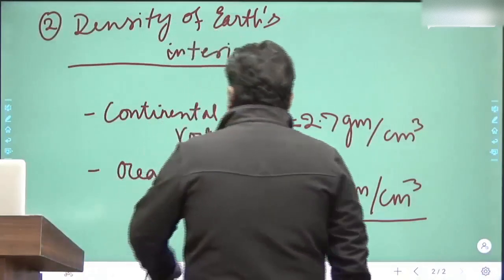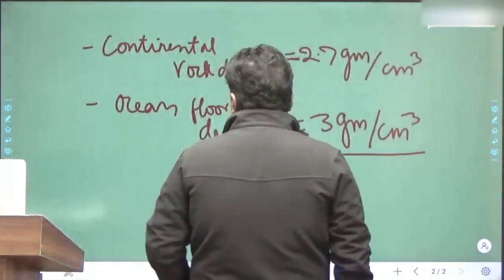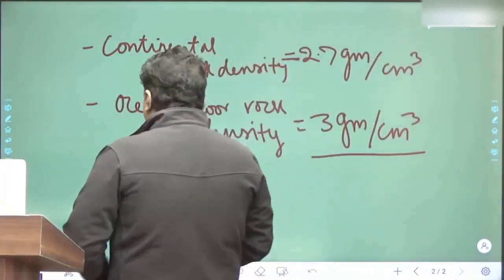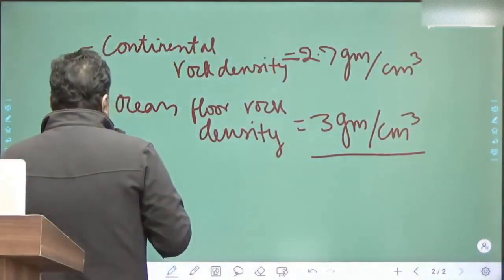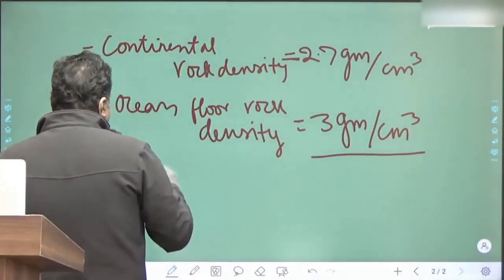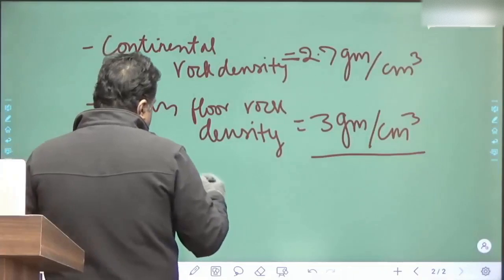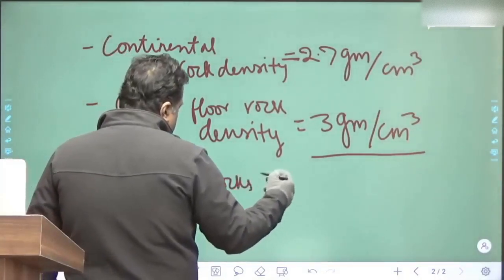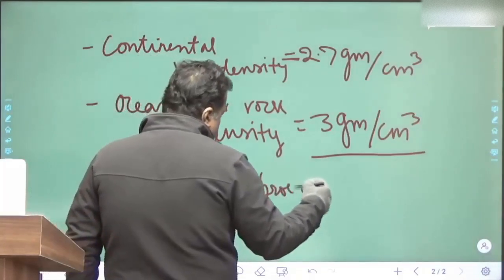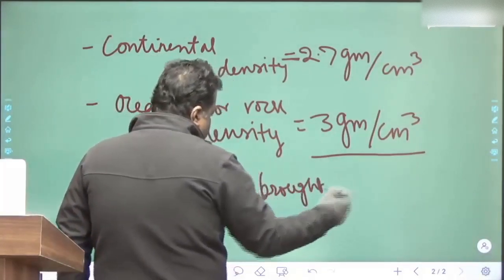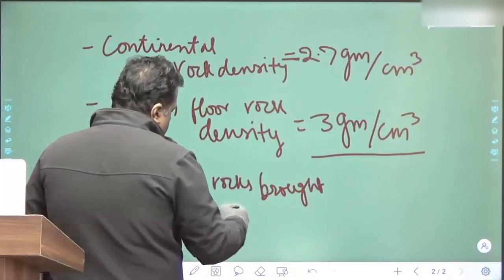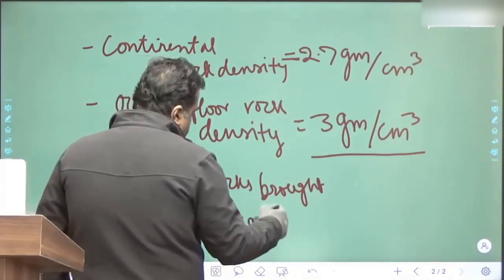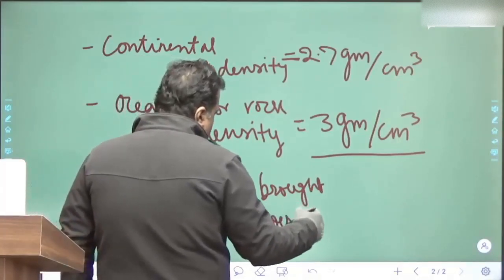Continental rock density is 2.7, oceanic floor rock density is 3 grams, and interior rocks brought by volcanoes, right?